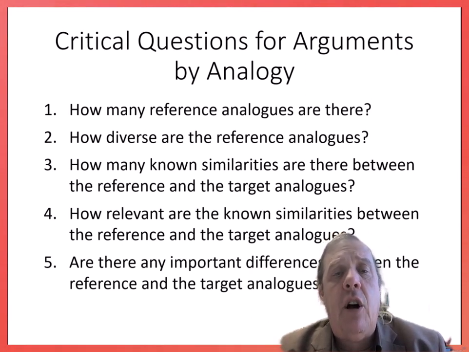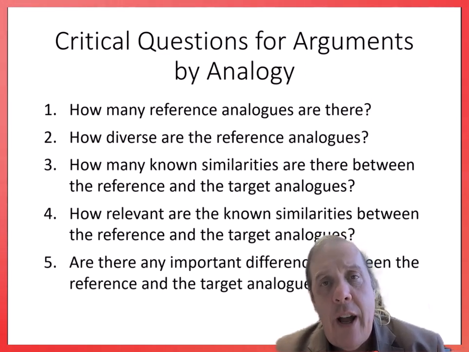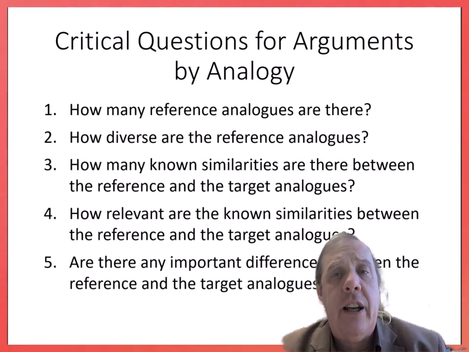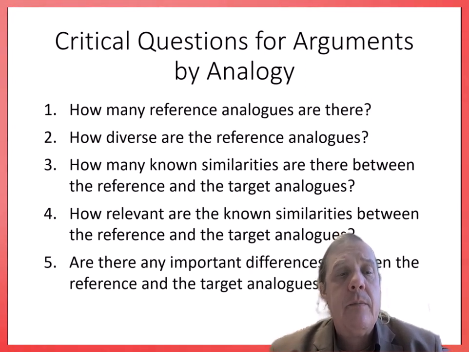If the reference analogs are diverse, that will help you. If you're pulling in reference analogs from a number of different areas, but they all wind up the same way, that helps you. You want the analogs to all be similar to the target analog in specific ways that are relevant. So for question 3, you want to ask how many ways there are. For question 4, you want to ask how relevant they are.